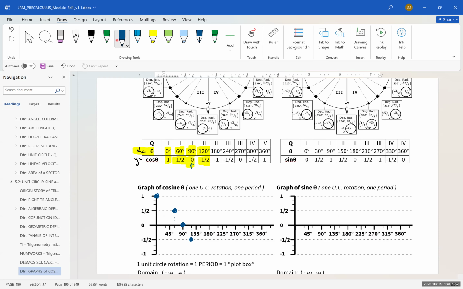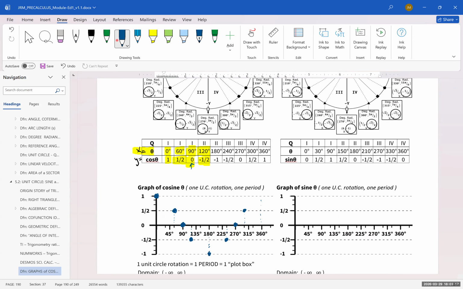At 180 degrees, cosine theta is -1. At 240 degrees, cosine theta is -1/2. At 270, it's 0. At 300, the cosine of 300 degrees is +1/2.